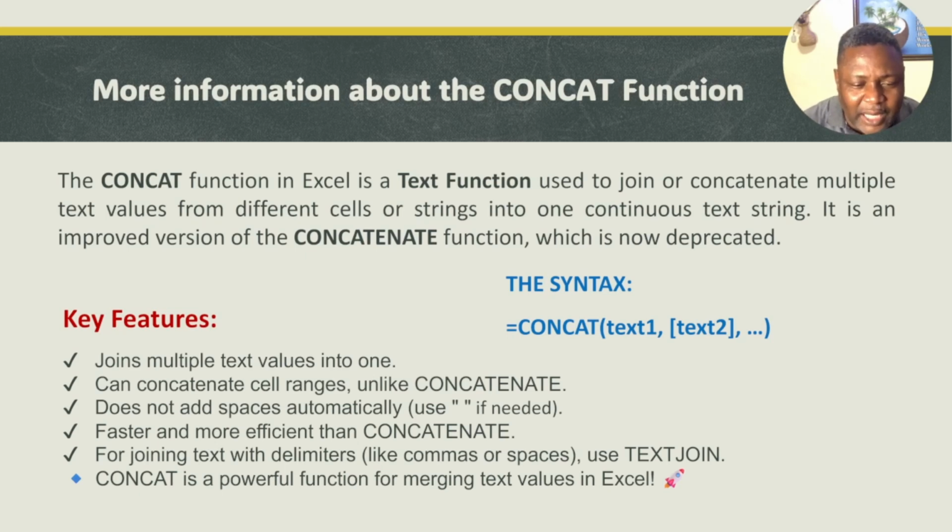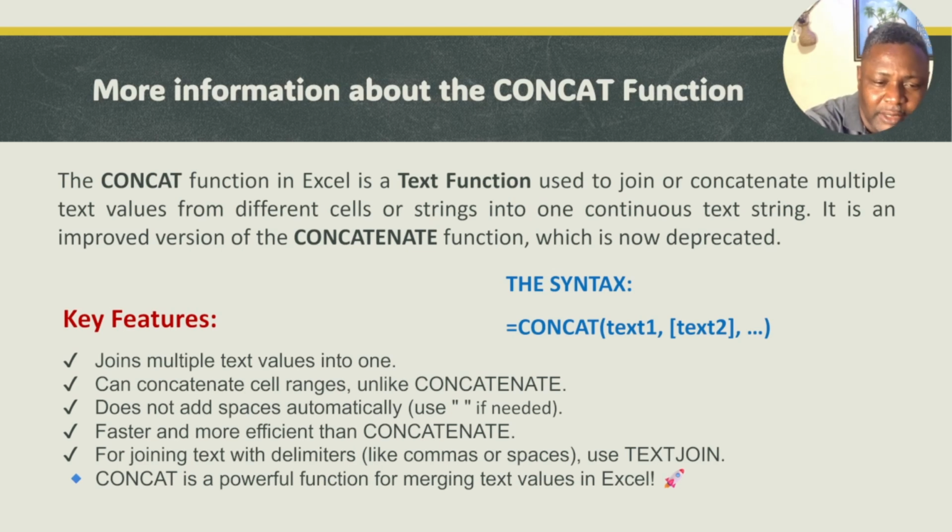Then it's faster and more efficient than the concatenate function. It's useful for joining text with delimiters like a comma or space, and then of course you may want to use the TEXTJOIN function when you have some extensive tags. CONCAT is a powerful function for merging text values in Excel.